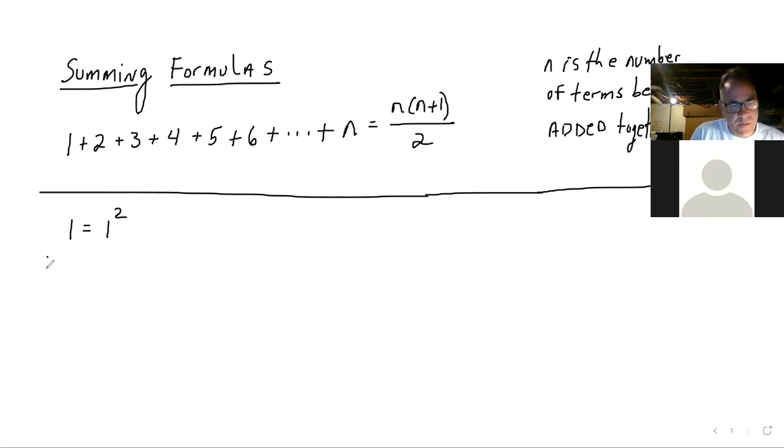I'm then going to look at 1 plus 3. Now 1 plus 3 would be 4, but 4 is a perfect square. That is, it is 2 squared. And 1 plus 3 plus 5. Now if you add those up, you're going to get 9. But 9 is a perfect square. It is 3 squared.